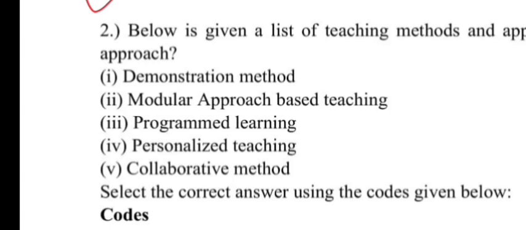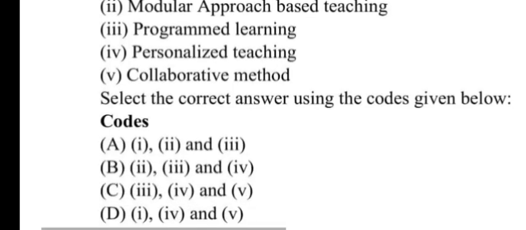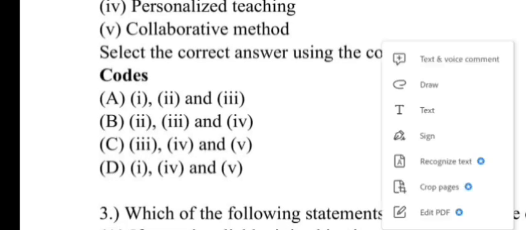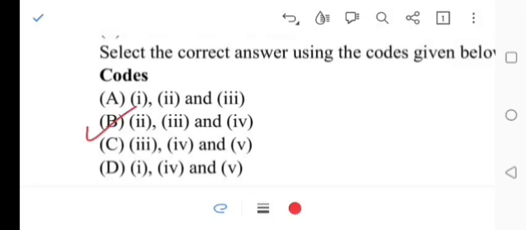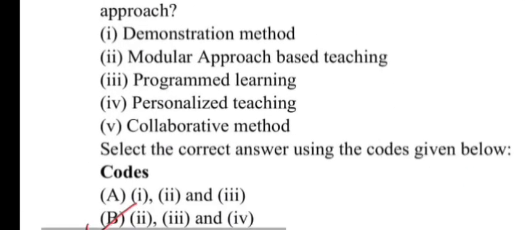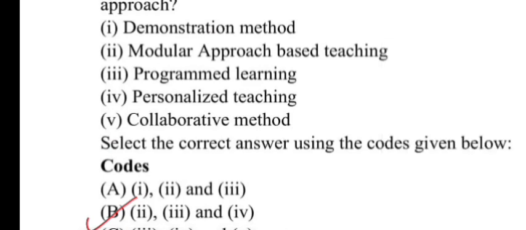Now select the correct answer using the codes given below: 1 2 3, 2 3 4, 3 4 5, 1 4 5, A B C D. So option B will be correct, 2 3 and 4. What was 2 3? 2 was modular approach based teaching, 3 was program learning, 4 was personalized teaching. Except 1 and 5, the rest are correct, right?